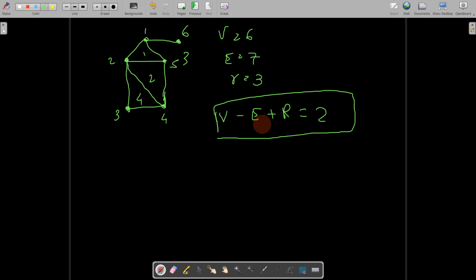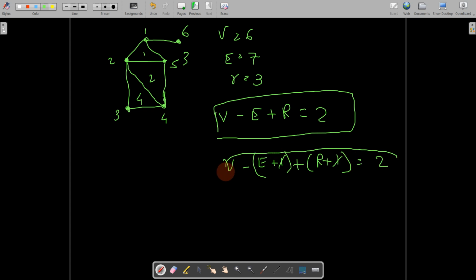The vertices are the same; we have not changed them. We have increased one edge and one region, so this plus 1 and minus 1 cancel, and again this value will become constant 2. So this gives us a feel that yes, this Euler's formula holds true for any connected simple planar graph.